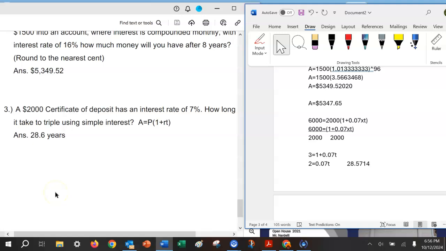Now, it doesn't say what to round it to. So in this case, you look at your answers and you see which one this is closest to. That 28.57 is closest to 28.6. Okay, that's it for your review. Let me know if you have any questions. Thanks.